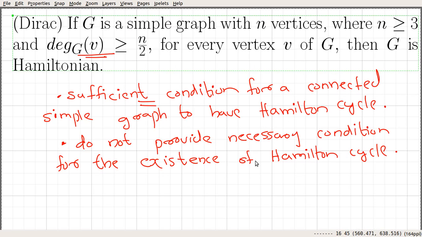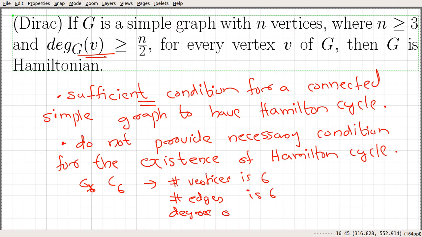Okay, it only gives a sufficient condition, but it does not provide a necessary condition for the existence of a Hamilton cycle. For example, if you look at C6, a cycle on 6 vertices, the number of vertices is 6 and the number of edges is 6, and the degree of each vertex is 2.